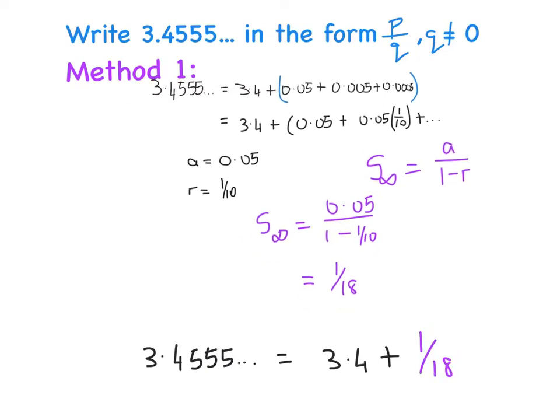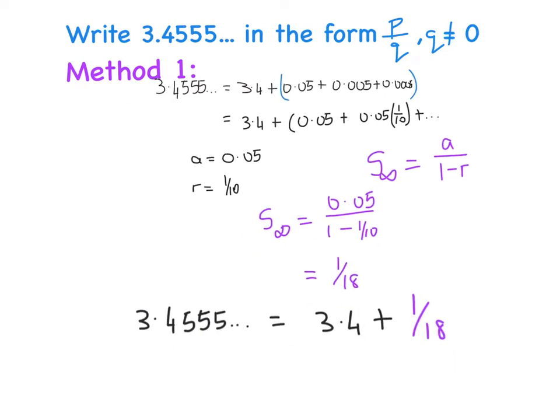And again, if I put that into the calculator, I get another fraction, 311 over 90. Okay, and so that is an answer here. So that's using the infinite geometric series as a way to turn recurring decimals into fractions.